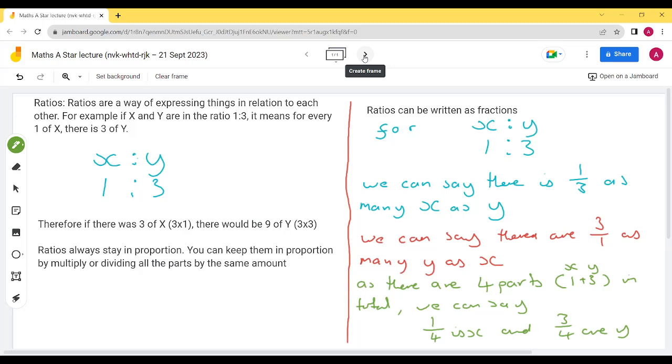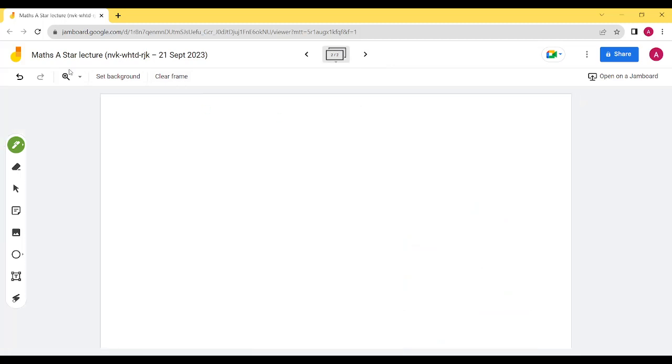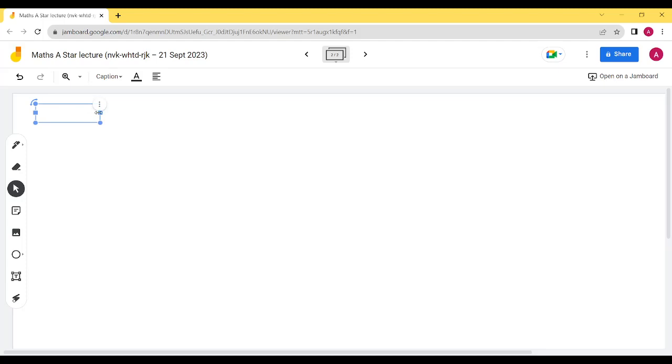Next, we are going to have a quick look at simplifying ratios.